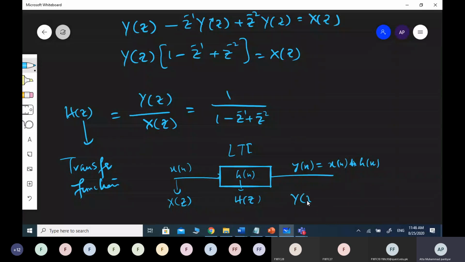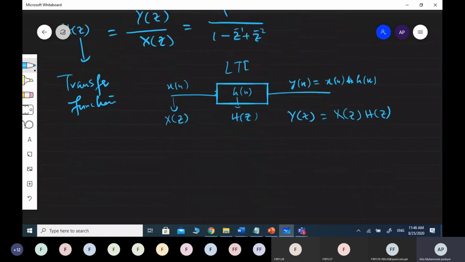Convolution in time domain is multiplication in z domain, right? If you wish to compute H of z, then H of z must be equal to Y of z by X of z. In other words, this is the transformation that is applied on the input to get the desired output.